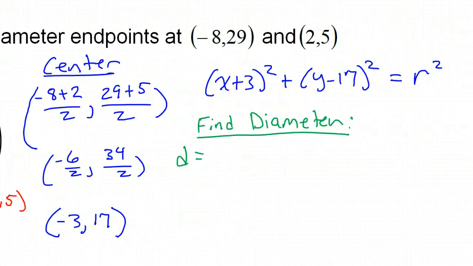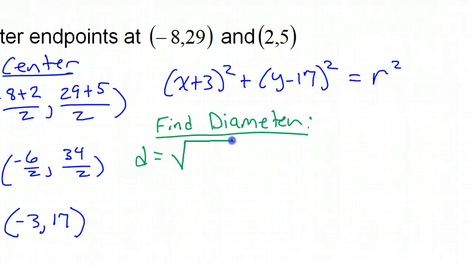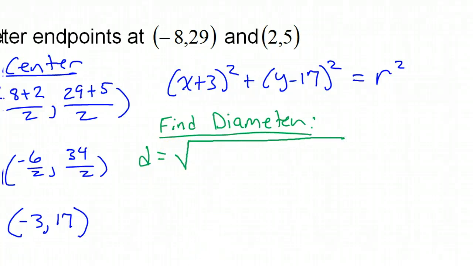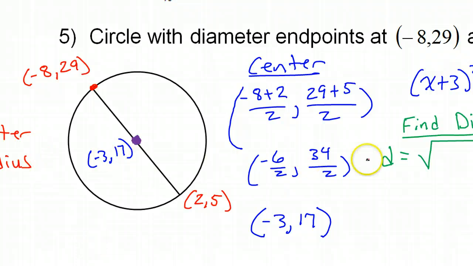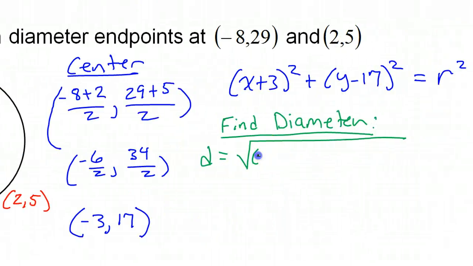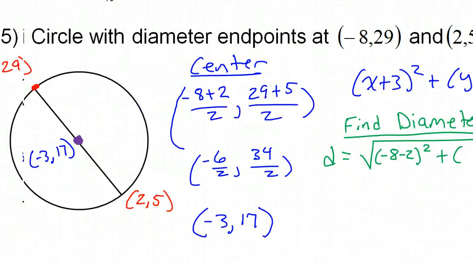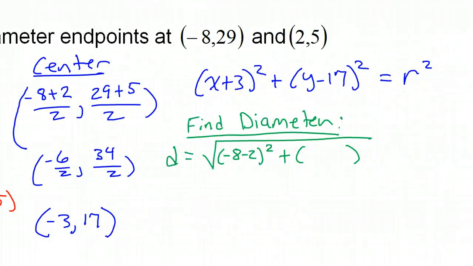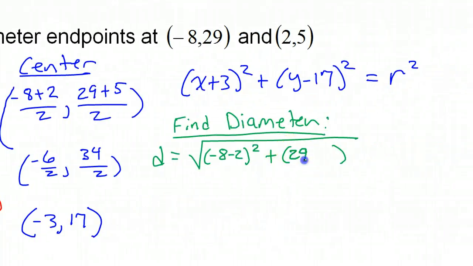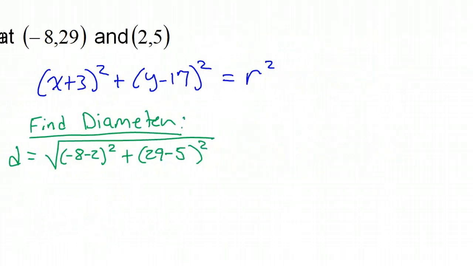So the diameter is going to be the square root of, I'm just doing the distance formula, x minus x. So I'm talking about -8 minus 2 squared. And then I'm doing y minus y. So that's 29 minus 5 squared. I'm going to let my calculator help me out.